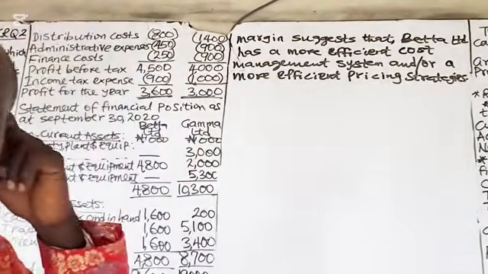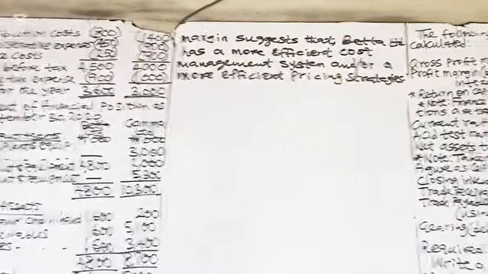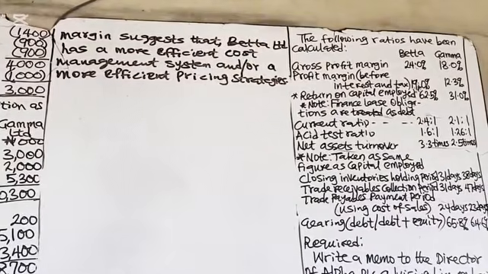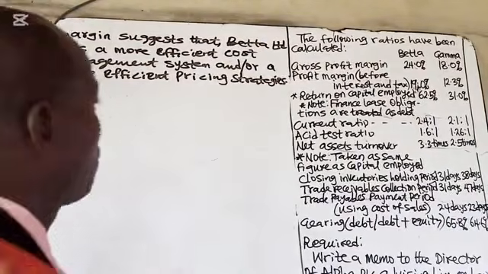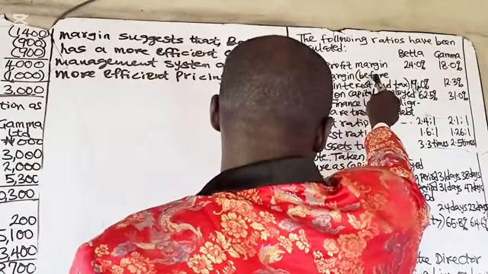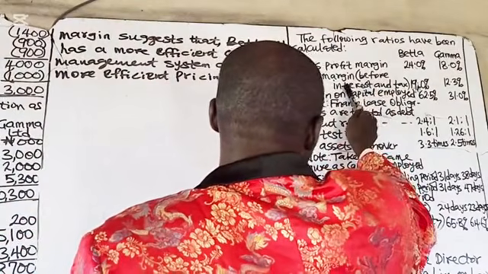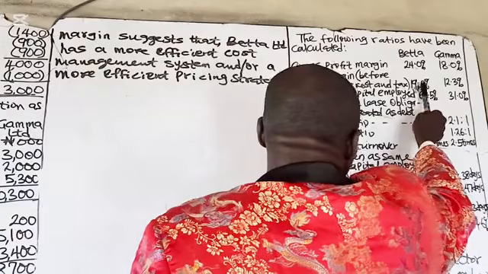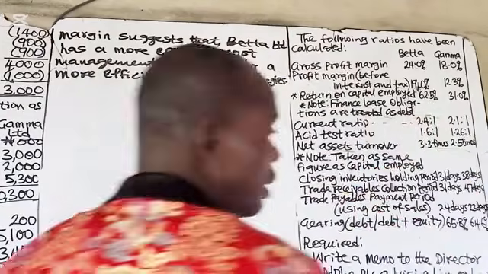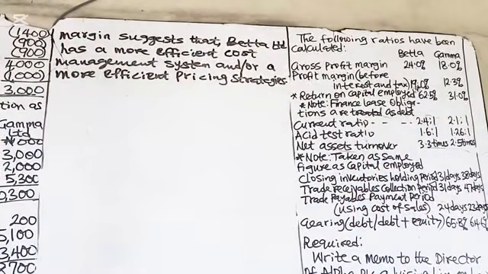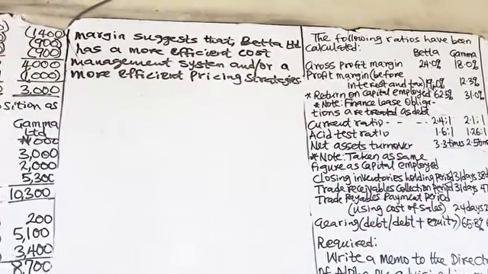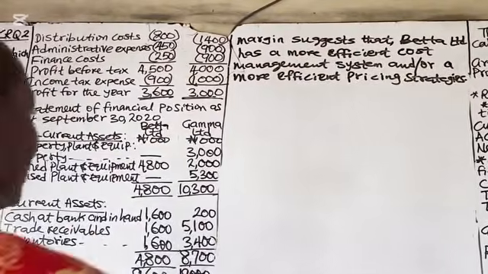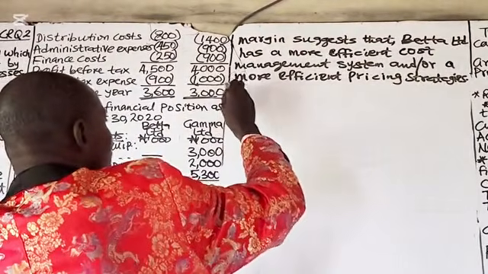The second ratio that is provided in this question is profit margin, which is calculated on profit before interest and tax. And you have 19.0% for Beta and 12.3% for Gamma. So we want to report on that.